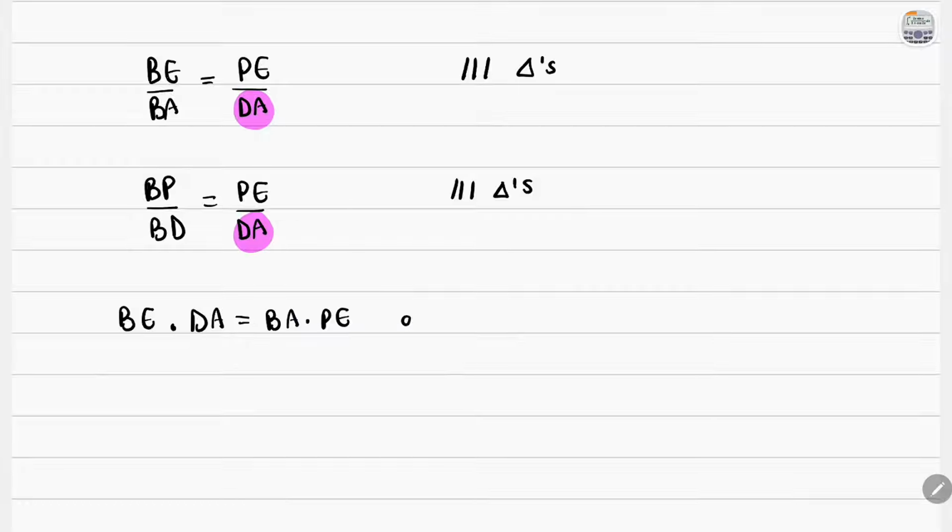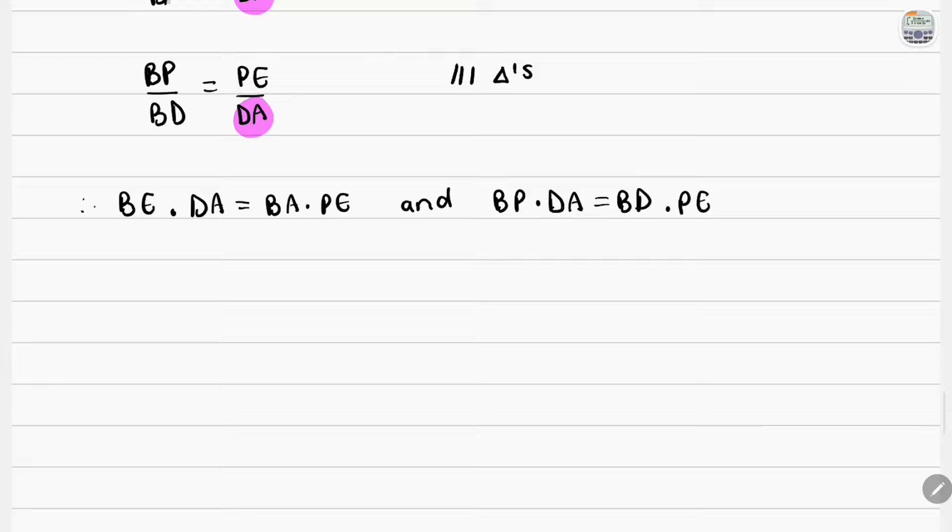Let's see. The other equation that we have is BP multiplied by dA, is equal to, and we have BD, so we're cross multiplying, multiplied by PE. In both equations, dA can simply be made the subject.